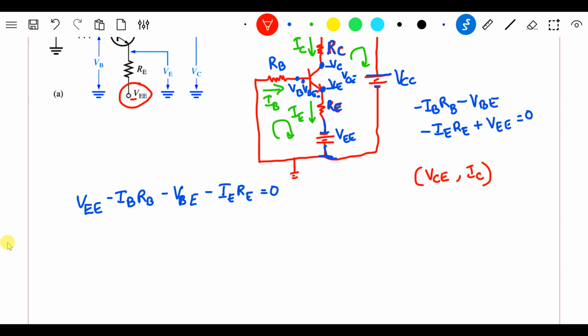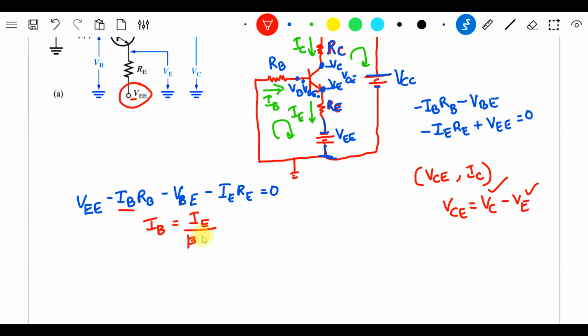Therefore, for VCE, we wrote this equation earlier. We know VCE is equal to VC minus VE, and I already wrote VC. So let me see what is VE, which is the voltage across the emitter. Before doing that, let me derive the equation for IE. If I write IB in terms of IE, I can say IB is equal to IE by beta plus 1.